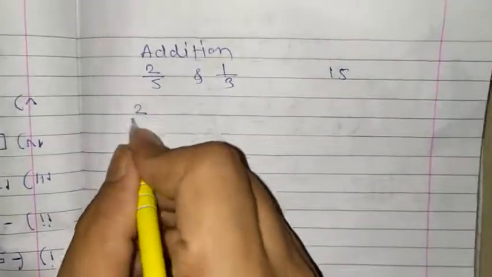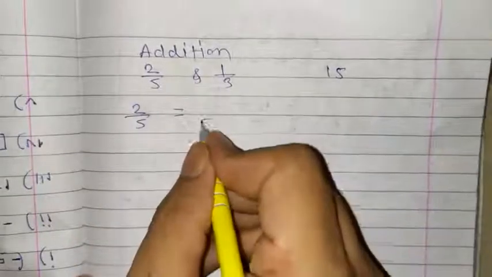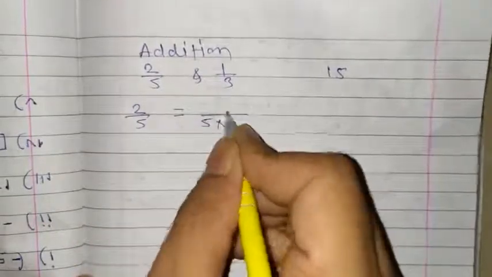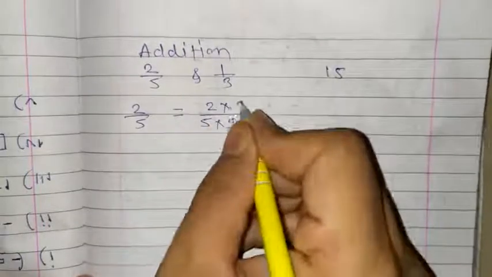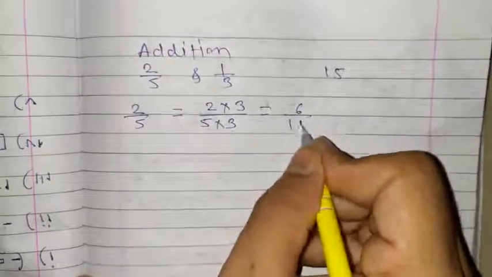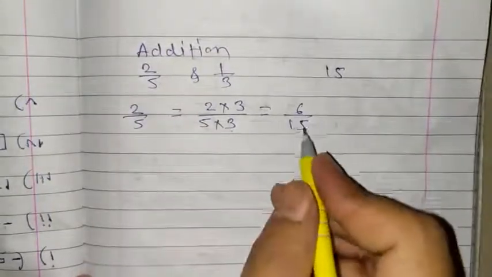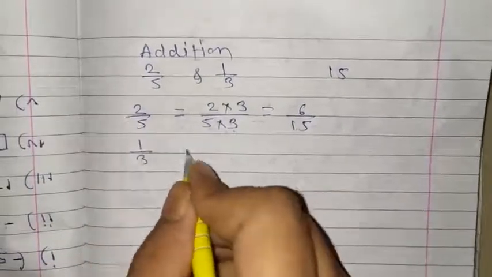So 2 by 5. For making the denominator 15, you have to do 5 into 3. The same number you have to use upside, that is 2 into 3. So 2 into 3 is 6, 5 into 3 is 15. Then the same procedure for 1 upon 3.